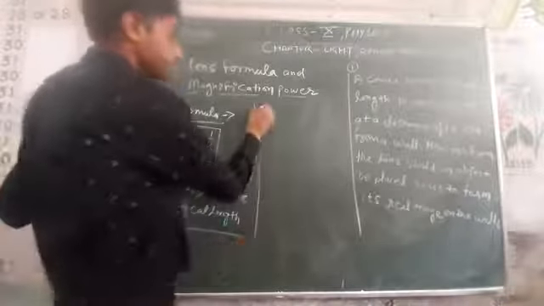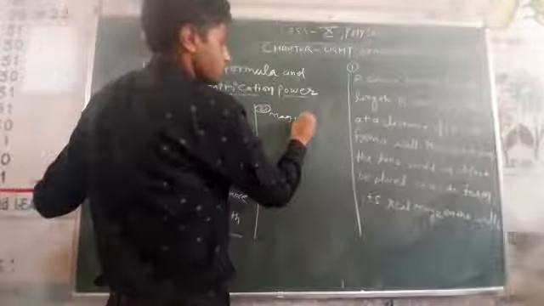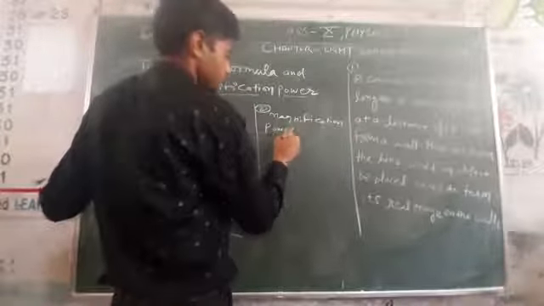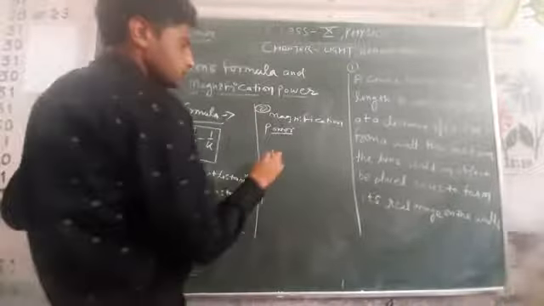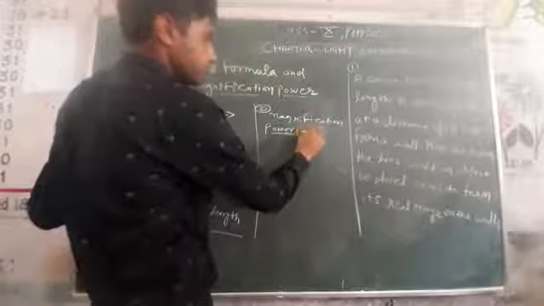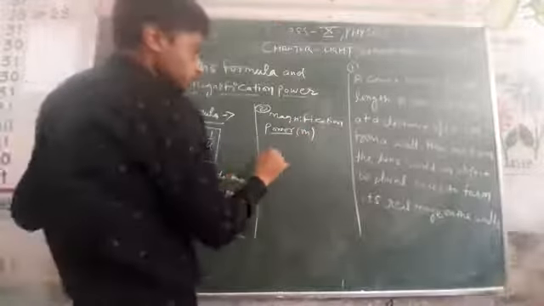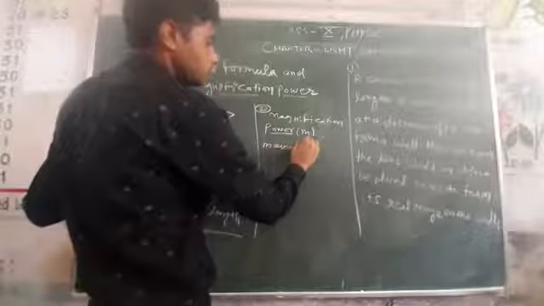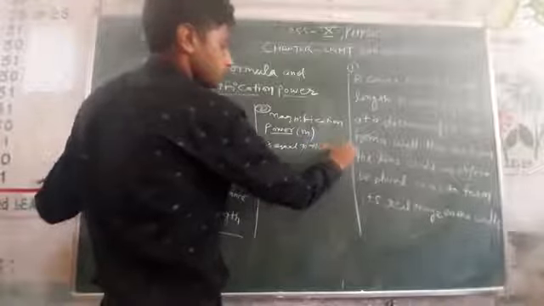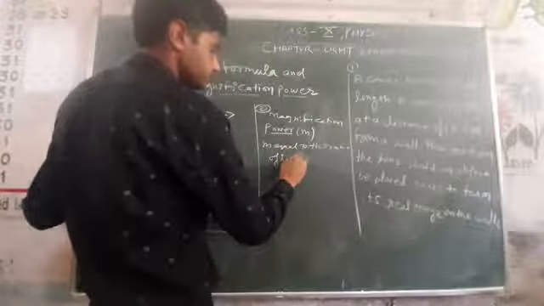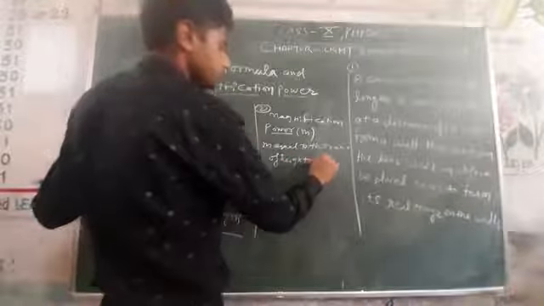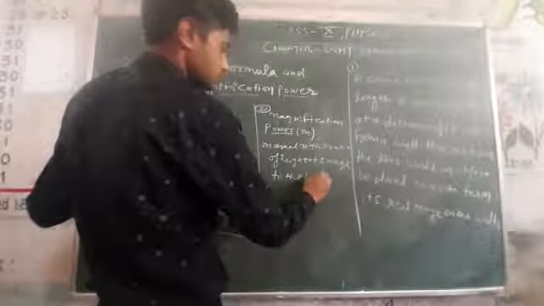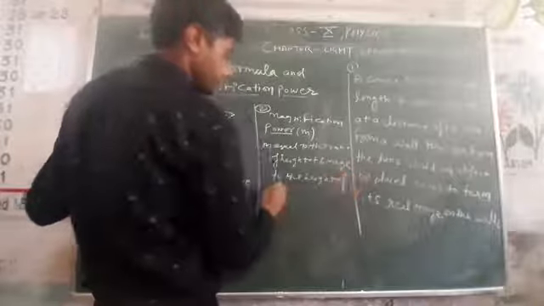Now, magnification power. The magnification power of a lens is denoted by M. So M is equal to the ratio of the height of image to the height of object.